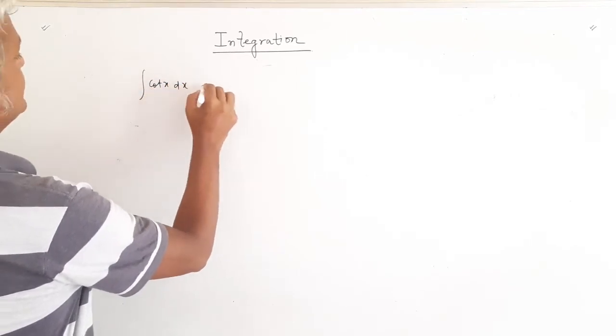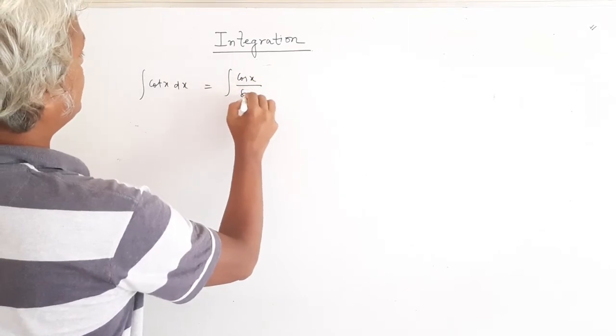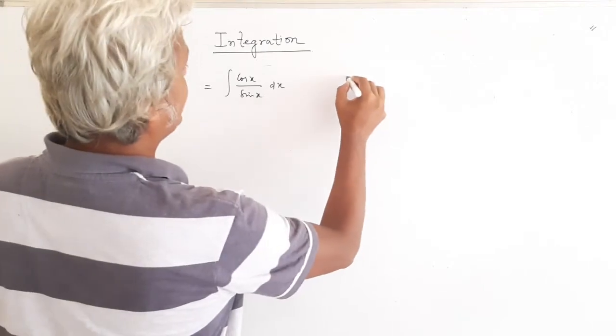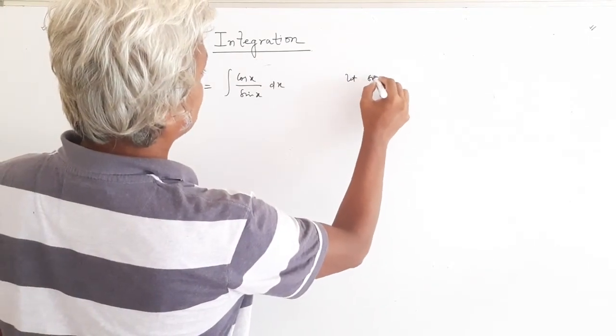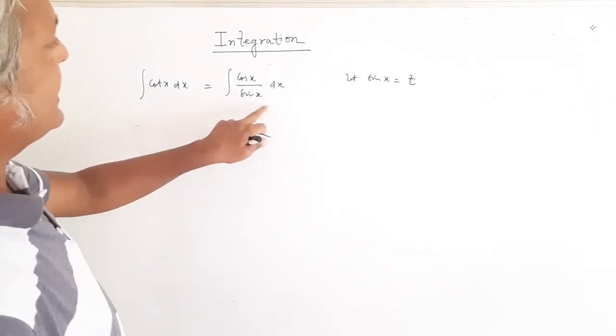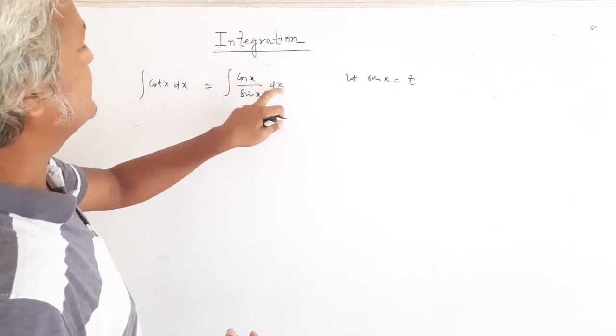Cot x dx can be written as cos x upon sin x dx. Now you can write again, let sin x equal to t. Now you are asking why I am always taking sin x as t, because in my mind I know that if I take sin x equal to t, I'll get cos x dx as dt.